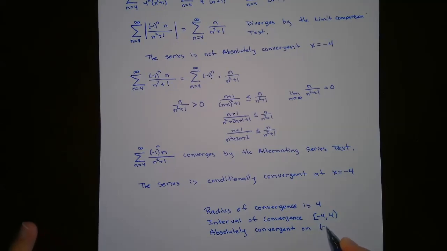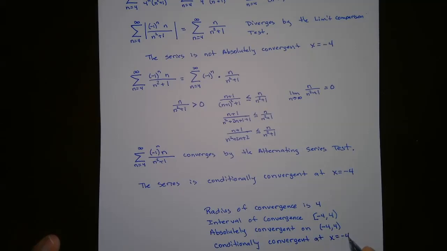So this one's a parenthesis -4 to 4. And then we say it's conditionally convergent, and it's only one x value it's conditionally convergent at. It's not an interval, so it's at an x value.